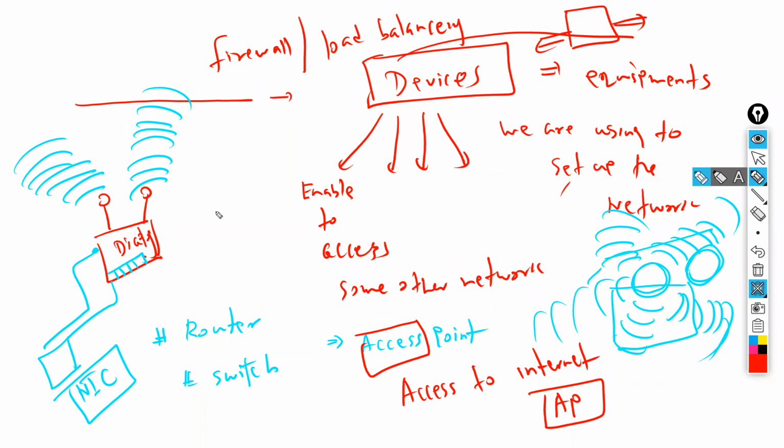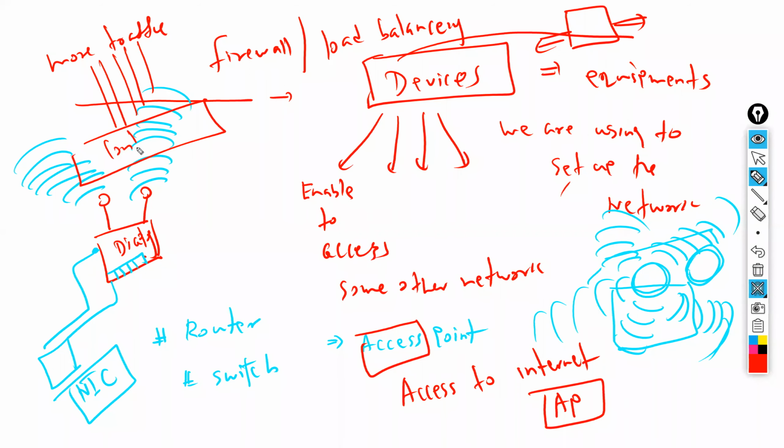So load balancing is when we have more traffic. When more traffic is coming, what the load balancer does is control it and give some sort of priority. For example, if you have one queue, what will happen?